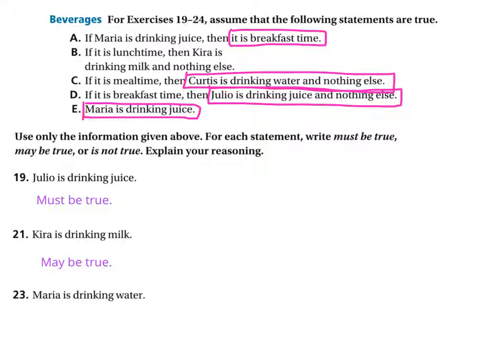Pretty common. So the fact that Maria is drinking water, maybe it's true. We don't know. I'm just going to go out on a limb there and say it may be true. And again, just because she's drinking juice and we know that she is, doesn't mean that she couldn't also be having something else at the same time.